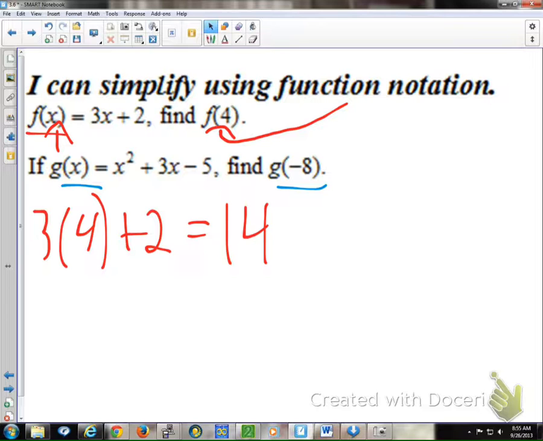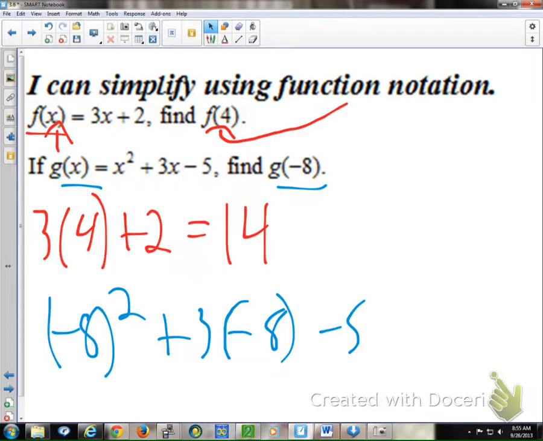Like this one. If we were to graph this, it would be some kind of parabola, some kind of bowl. And then they ask, what's the y-coordinate if x is -8 on that graph? We're not graphing this yet, but all you have to do is plug -8 in for the variable in that function. So that would be -8 squared plus 3 times -8 minus 5.